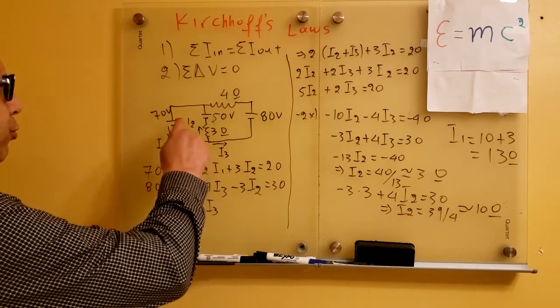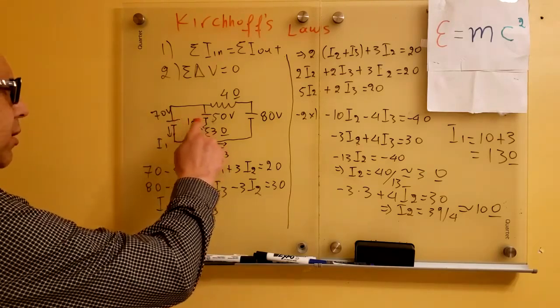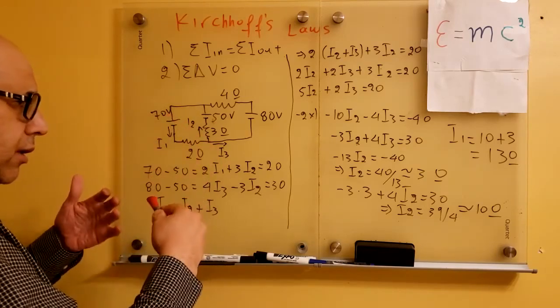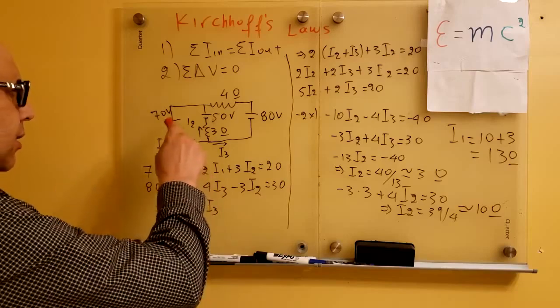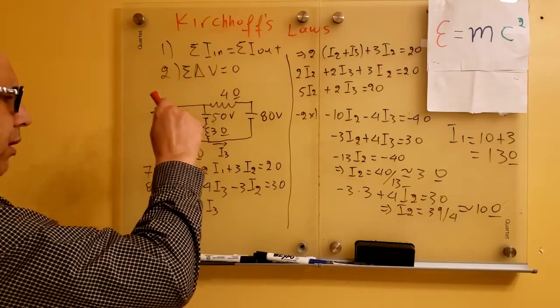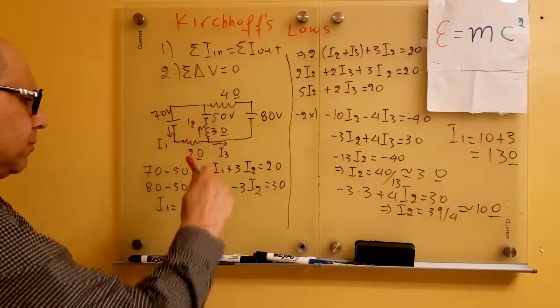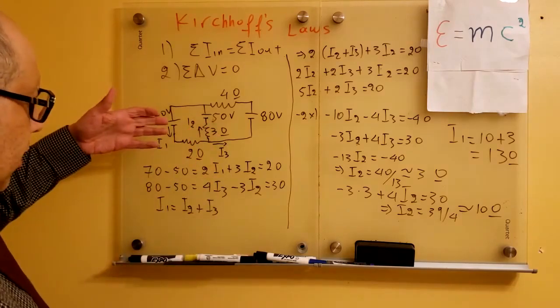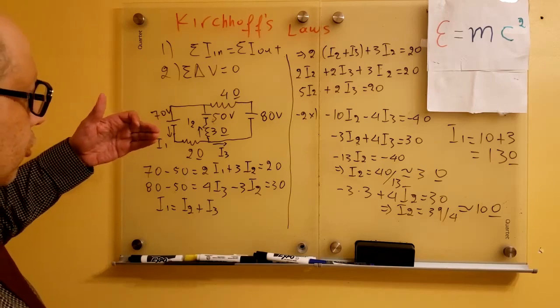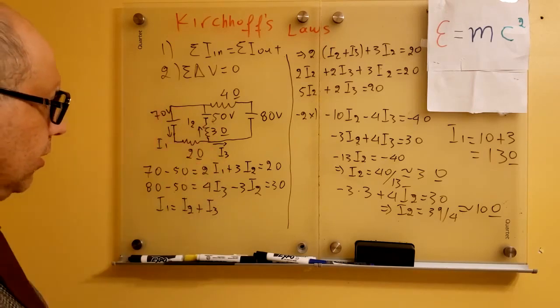You see which battery is bigger, and if there is more than one battery, you take the one which is bigger and you consider this to be the positive direction. And that's exactly what I did here.